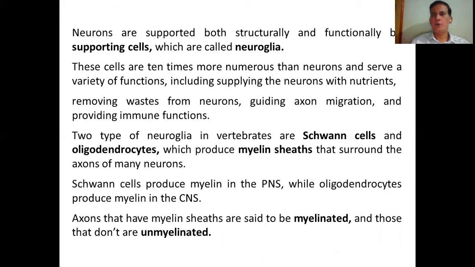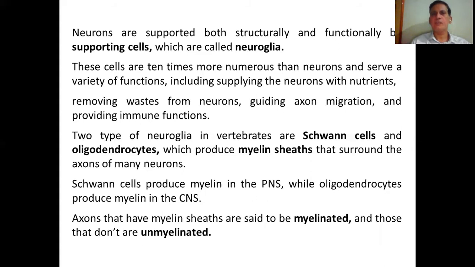They have a lot of functions. Some of the important functions are that they supply nutrients to the neurons. They are also responsible for removing the waste products from the neurons, guiding the axon migration, and providing the immune functions.